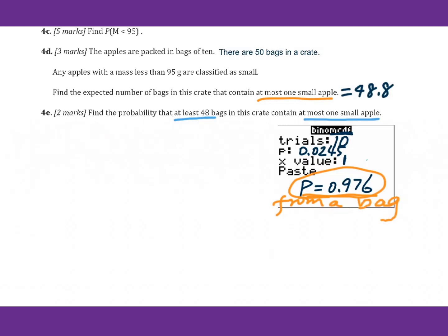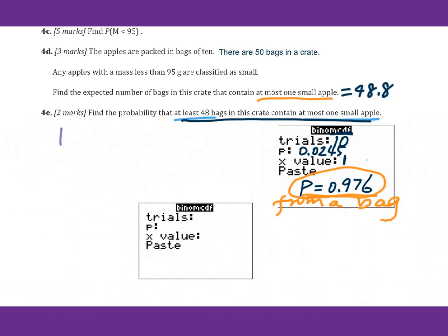Therefore, this still will be a binomial distribution. We are looking for the probability X greater than or equal to 48. When we use the binomial CDF, this X value must be X less than or equal to a value.